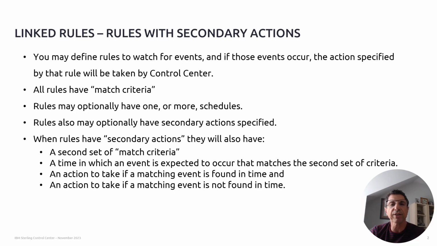Now, secondary actions include not only match criteria, but they also specify a time in which an event is supposed to be seen by the rule service, and if an event is seen within the time specified, then the action that you specify for a matching event being seen in time is taken. Otherwise, the action that you specify for when an event is not seen in time is taken. So when you have a secondary action, you've got a second set of match criteria, you've got a time, and you've got two additional actions that you have to define.